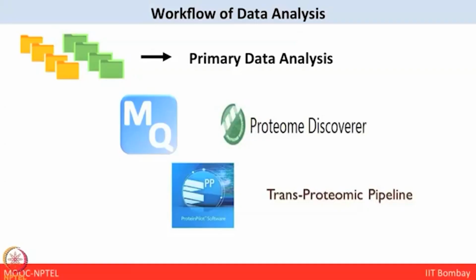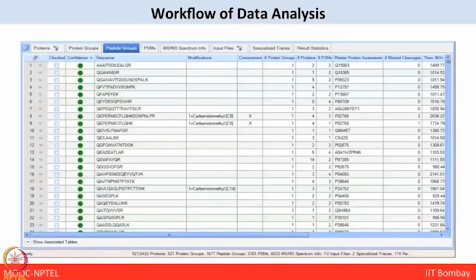So, the first thing we should do is take these files and do a primary analysis. After primary data analysis, we get a total of 28 files. When we are talking about all 28 files, a number of things come into play, like technical variation, experimental variation, batch effect and so on.